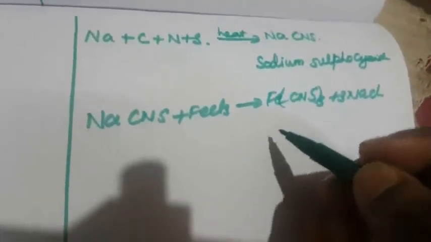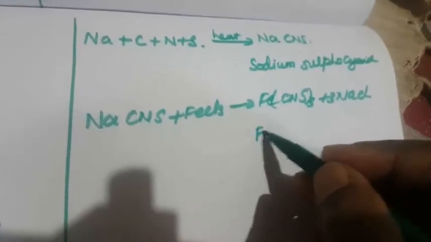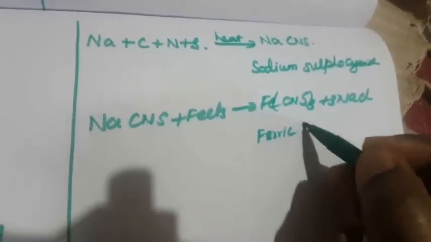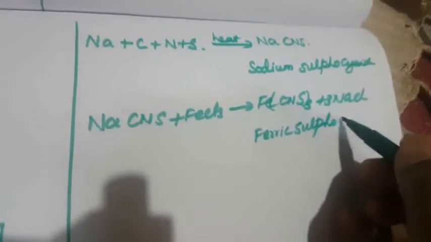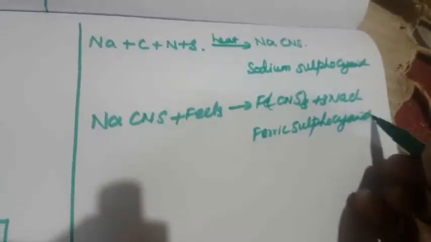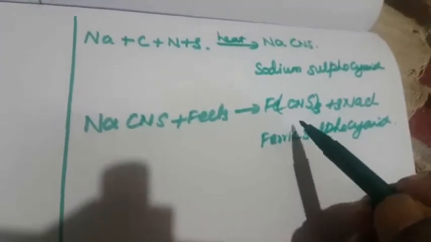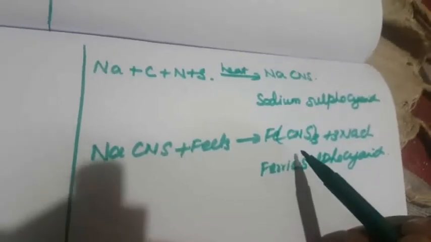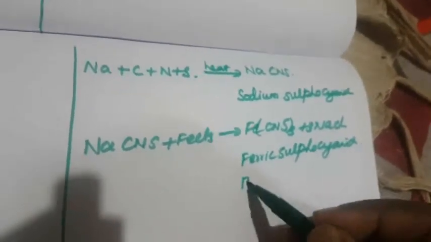So what is this? That is the blood red color, ferric sulfocyanide. Okay, so what is this compound? Ferric sulfocyanide is a blood red color.